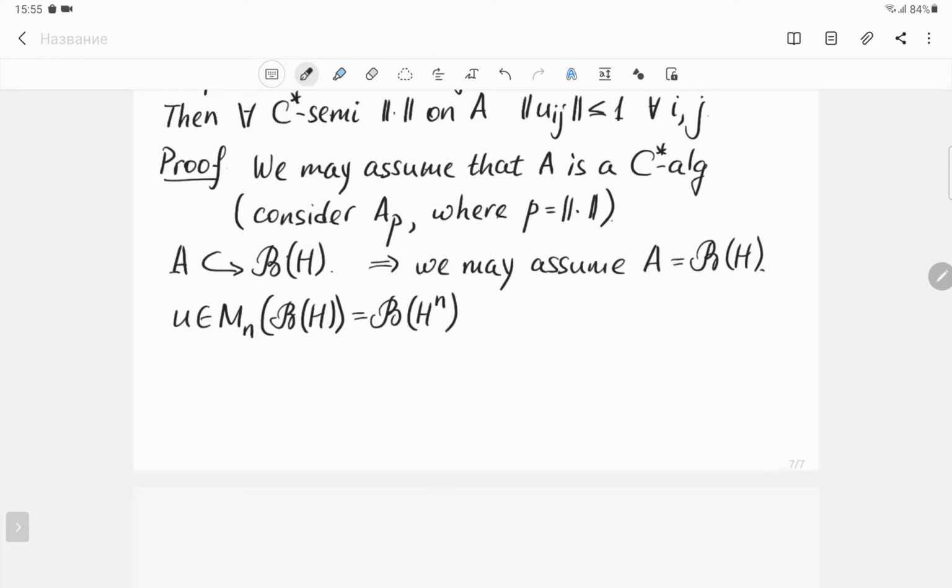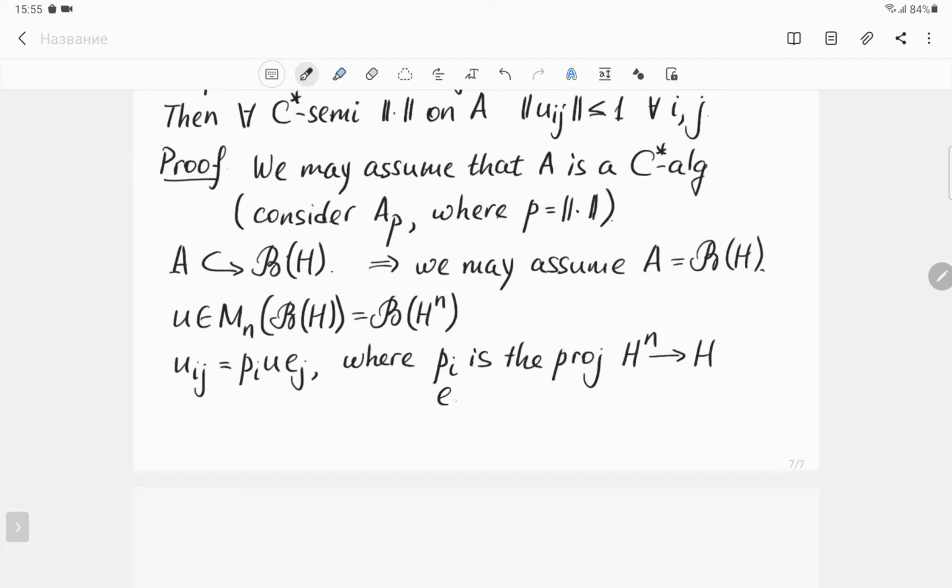So what is now u_ij? Well, u_ij is the following composition: P_i u E_j, where P_i is the projection of H^n onto the ith copy of H, and E_j is the inclusion of H into H^n.